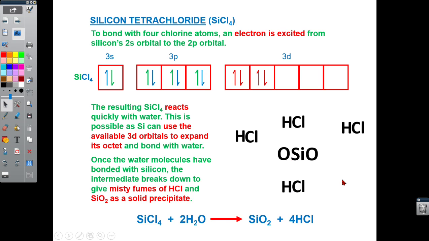So, the reaction of water with group 4 chlorides. You only need to really look at 2 of them. Carbon tetrachloride at the top of the group doesn't do anything with water because it can't expand its octet.